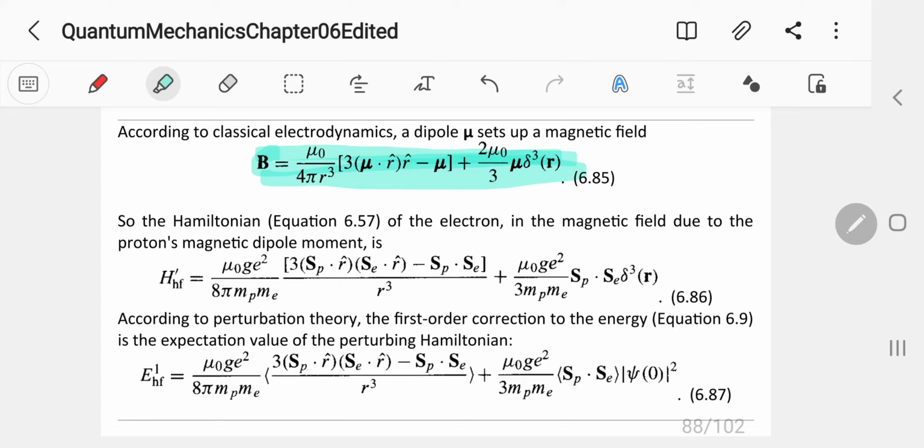So the Hamiltonian, equation 6.57, of the electron in the magnetic field due to the proton's magnetic dipole moment is therefore given by this one, which is now the Hamiltonian perturbation, the perturbation of the Hamiltonian due to the hyperfine splitting.